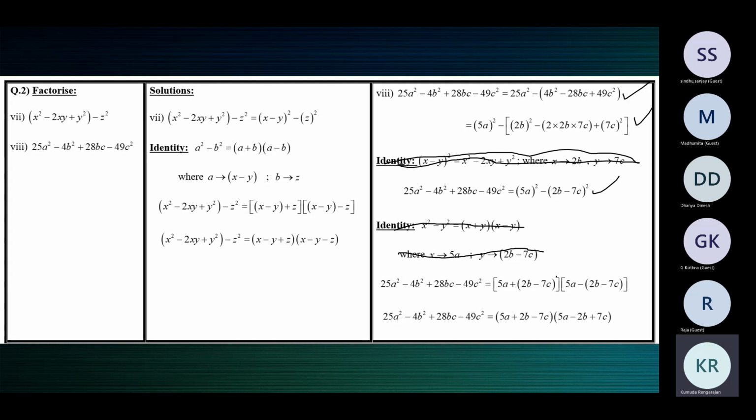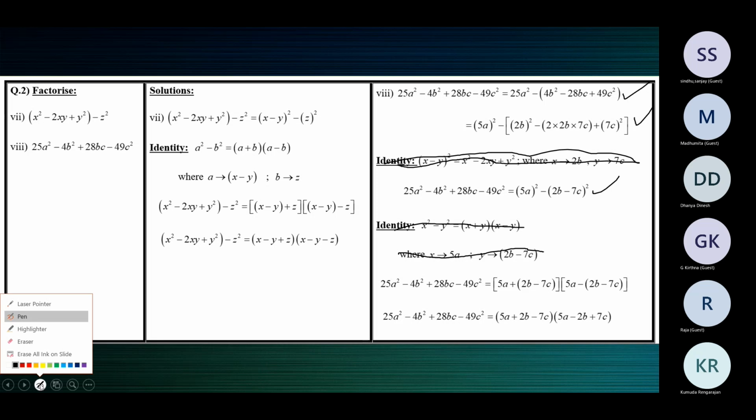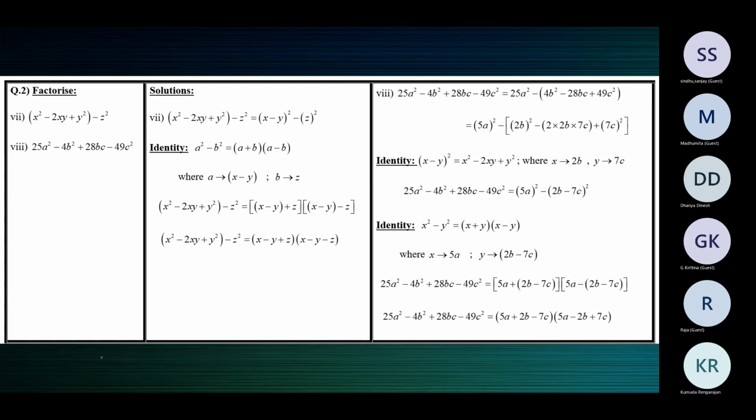Then I'll look at them, why the next step happens. Once you understand, then you can insert the identities. I'll try to make a new slide incorporating what I just said and share it on WhatsApp with you.